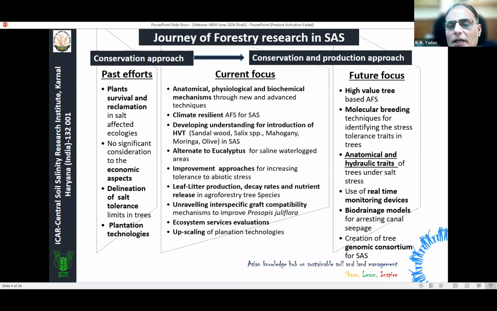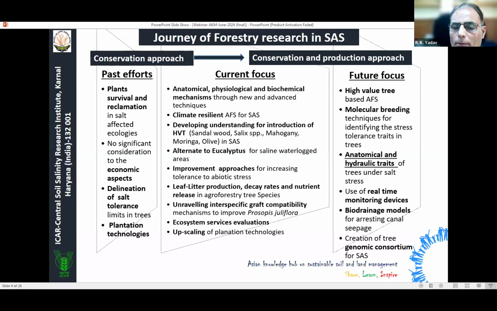Then we go for some climate resilient borders with the high value trees as well as the other trees. Then we will work on the waterlogged saline areas. That is a very big problem for the inland salinity, where secondary salinization is the major problem. Then ecosystem services evaluations. Then in the future, we will go with the molecular breeding and the conventional breeding approaches with some high-end outputs.